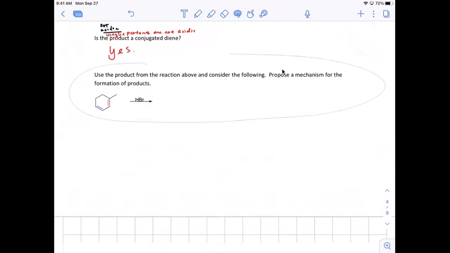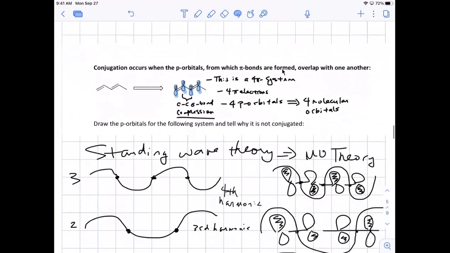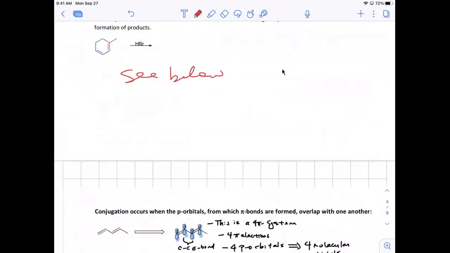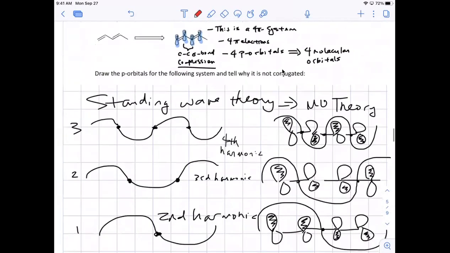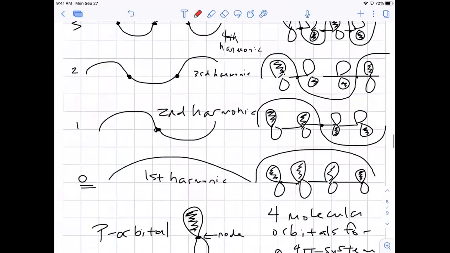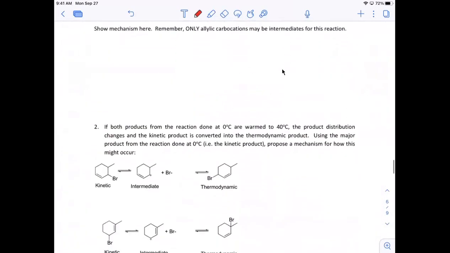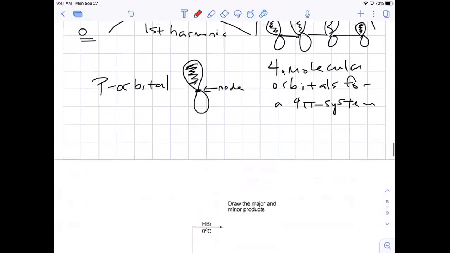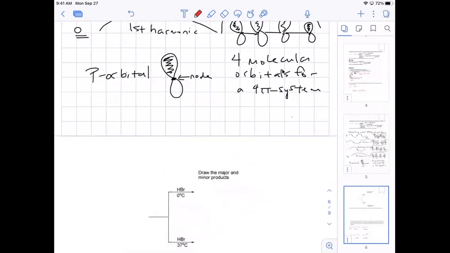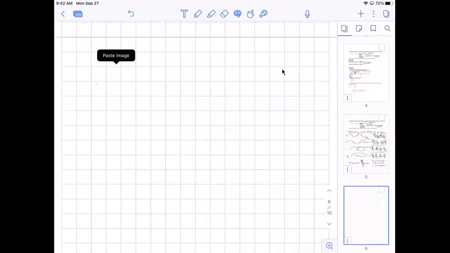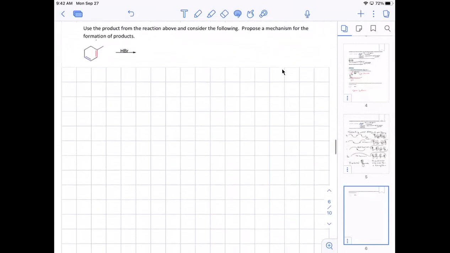So let me take that. I'm just gonna paste this. All right, so let me give you a generic example, and then we'll go back and look at this example.